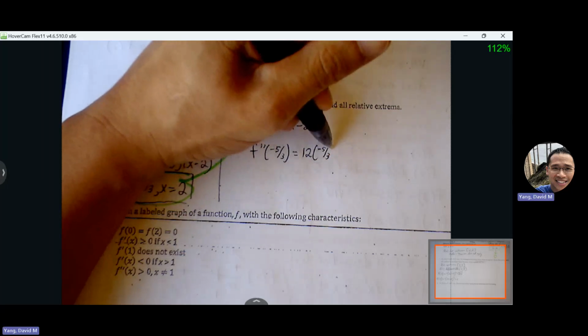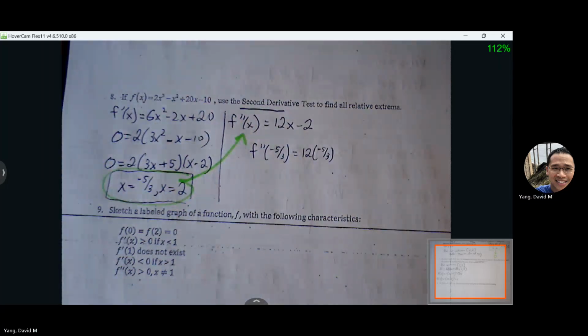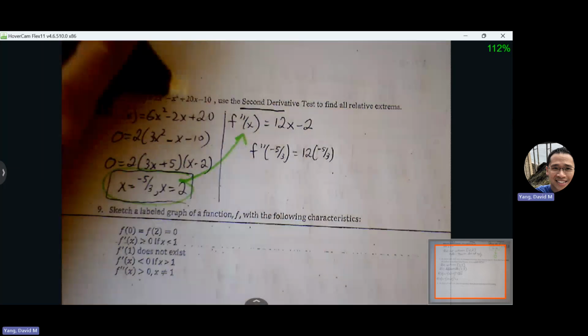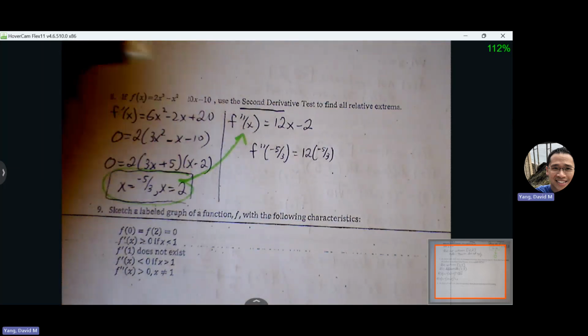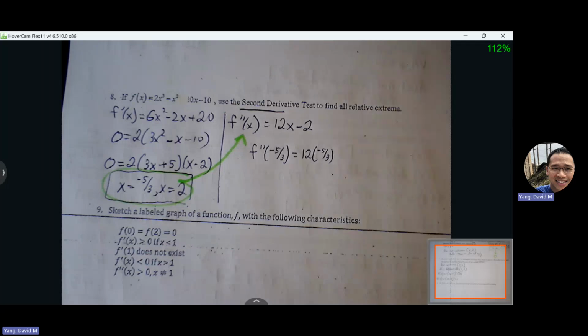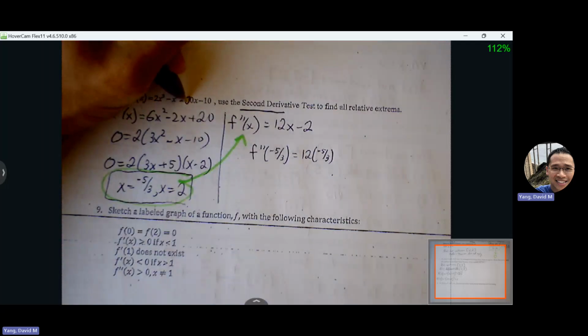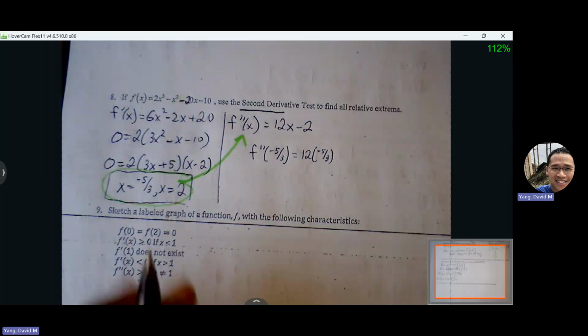There should be a sign change. Plus 20. Oh, sorry, yes, it didn't factor that way, my bad. So for number 8, it should read minus 20x to begin with.